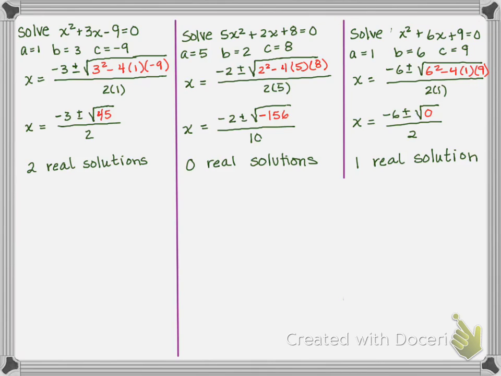When it was negative, we said we can't take the square root of a negative, so we have 0. And when it was 0, that caused us to get the same thing when we add and subtract. And so that's what gave us 1 real solution. So you can figure out how many solutions you have without actually finding them using what we call the discriminant.